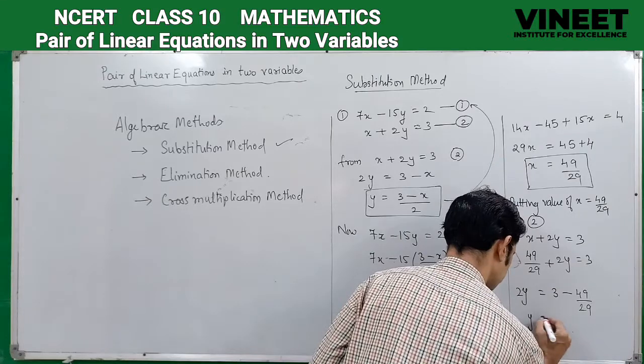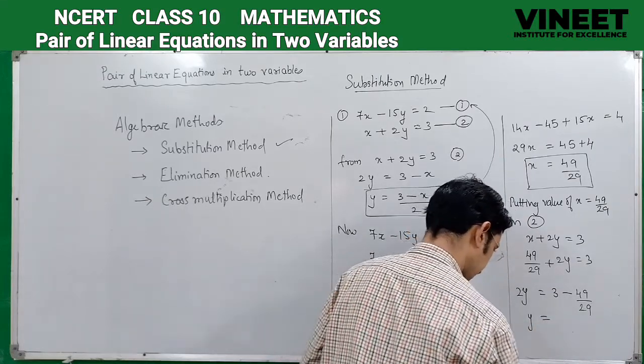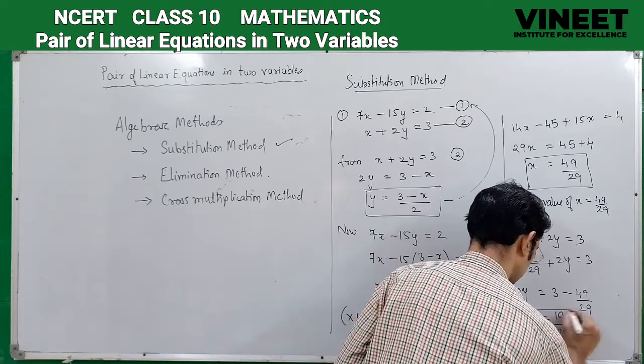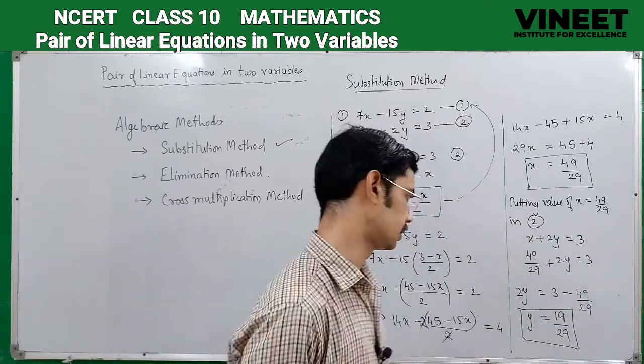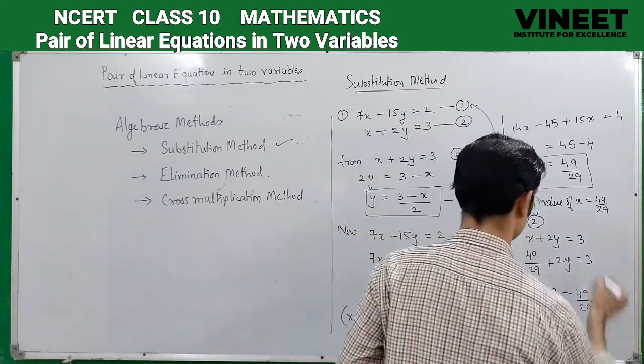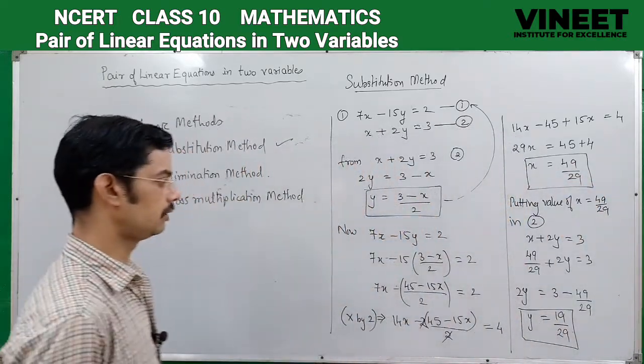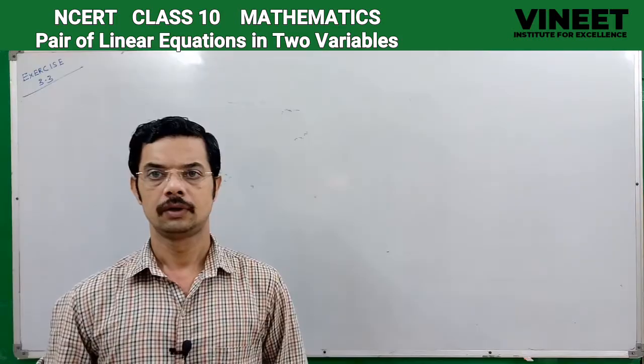This y becomes 19 by 29. So the final solution is x equal to 49 by 29 and y equal to 19 by 29.